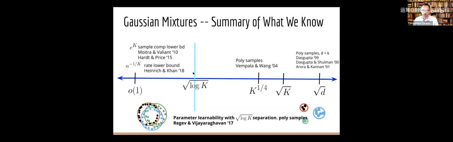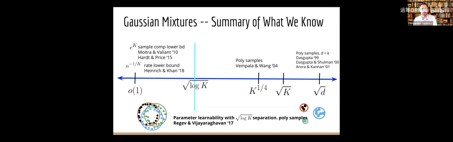Now, in this regime of this threshold, I should also mention they proved that if you are below this threshold, then it is impossible to learn the parameters with a polynomial number of samples by any method.